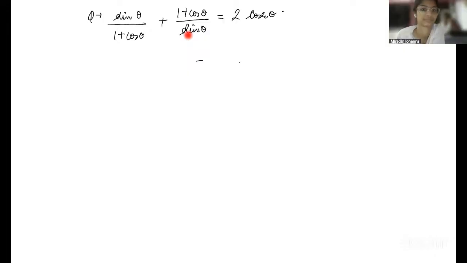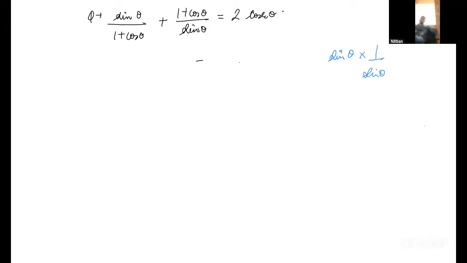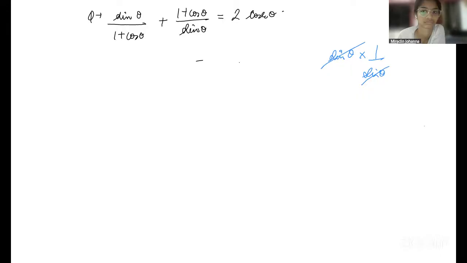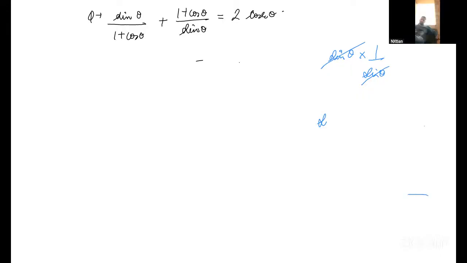But if it is in the form of sin theta plus 1 upon sin theta, then you can't cut. You can't simplify it. You have to multiply it.